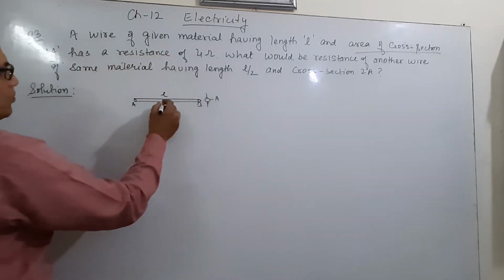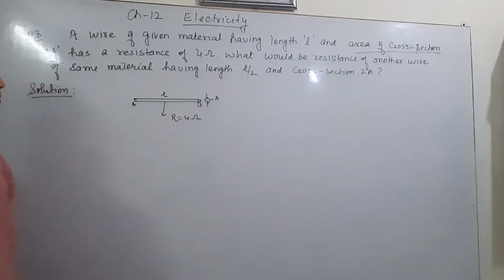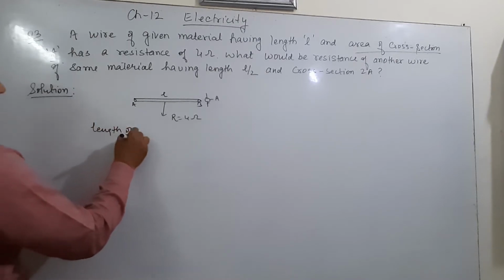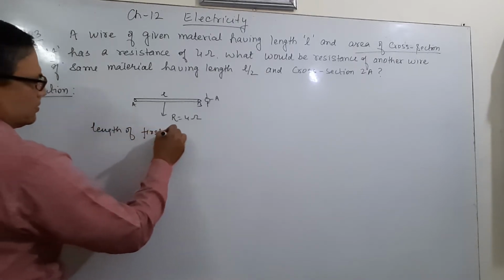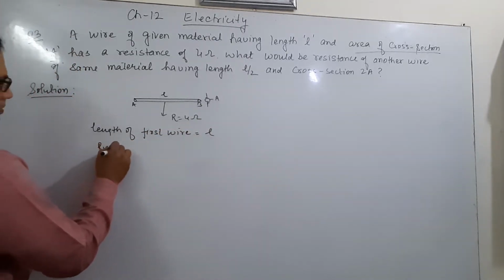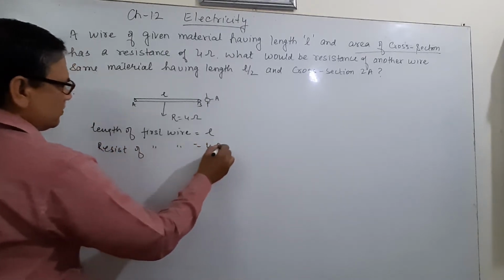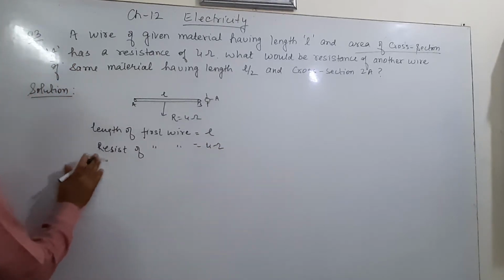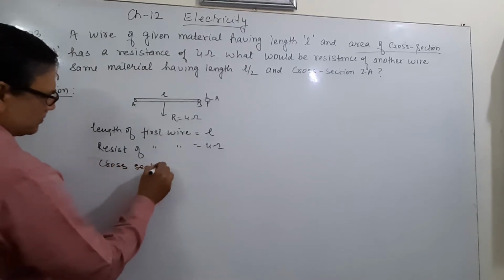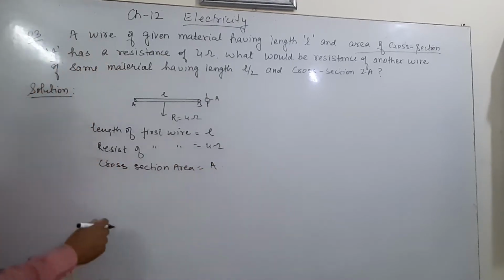It has a resistance of 4 ohm, and the resistance of this wire is equal to 4 ohm. This is the first case: length of the first wire is equal to L, resistance is equal to 4 ohm, and cross section area is equal to A. This is given.